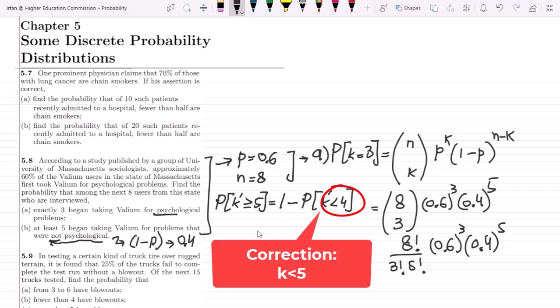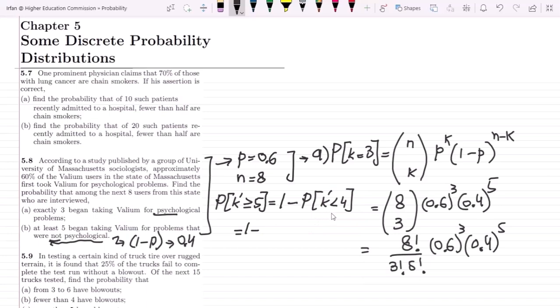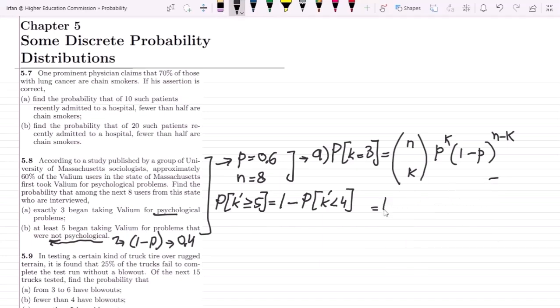Okay, so here we have to do 1 minus the probability that k prime is less than 5. So it would be k prime equal to 0 plus and up to the probability that k prime is equal to 4.